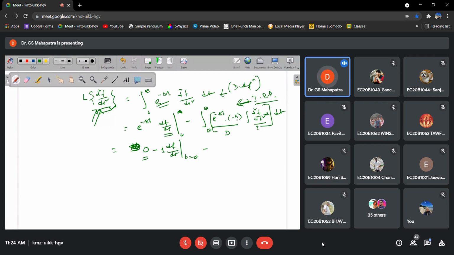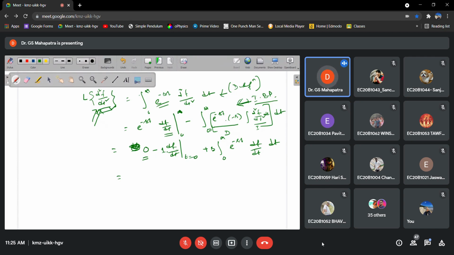So minus s into minus, what will be the answer here? You can write s outside, the integral from 0 to infinity of e to the power minus st times df/dt dt. The integration of d2f/dt2 is df/dt, because integration is the reverse process of differentiation.